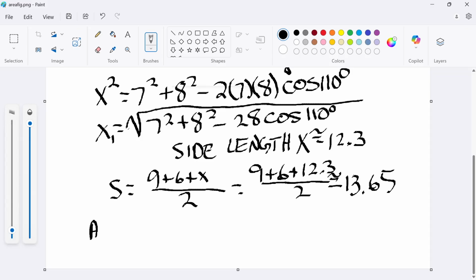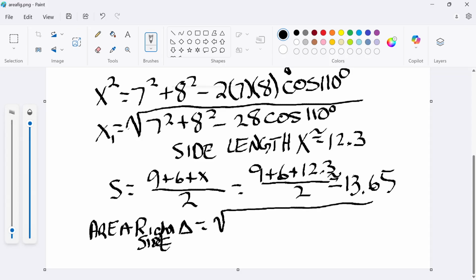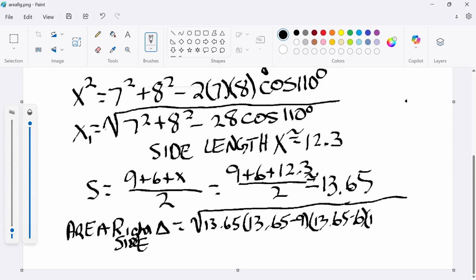So the area of the right side triangle equals the square root of about 13.65 times 13.65 minus 9 times 13.65 minus 6 times 13.65 minus approximately 12.3.